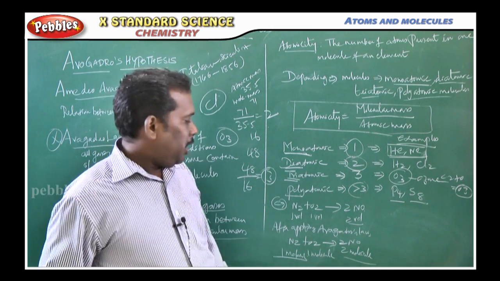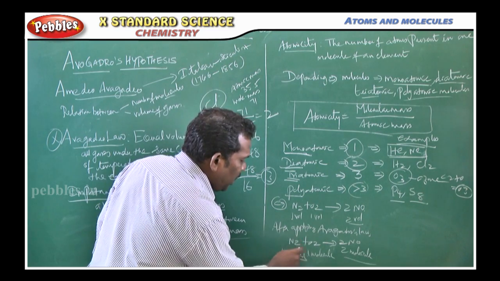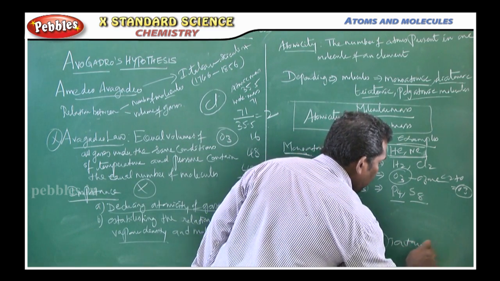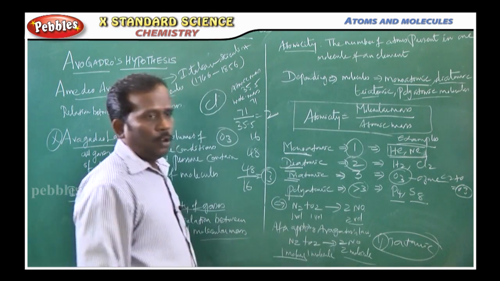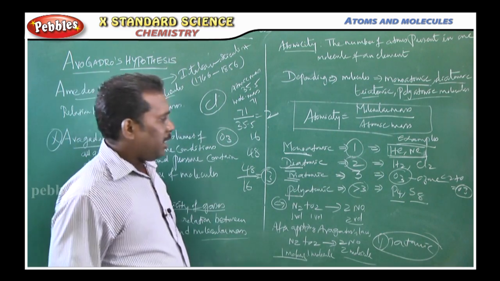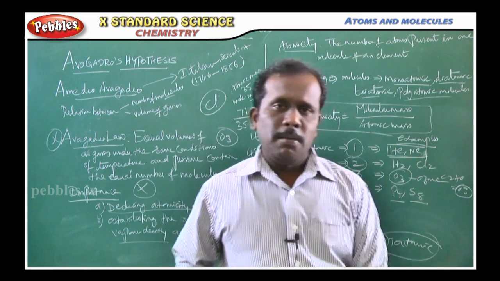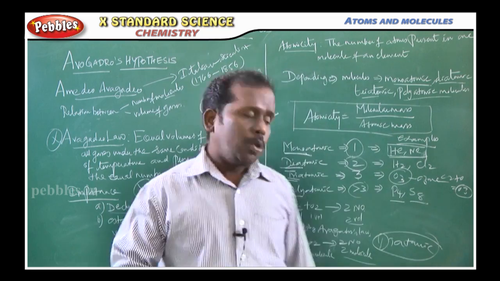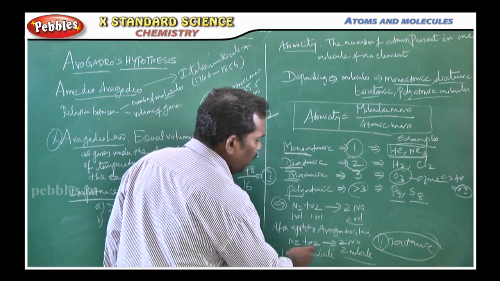Therefore nitrogen and oxygen are considered diatomic molecules. This proves the atomicity of nitrogen is 2 and the atomicity of oxygen is 2.